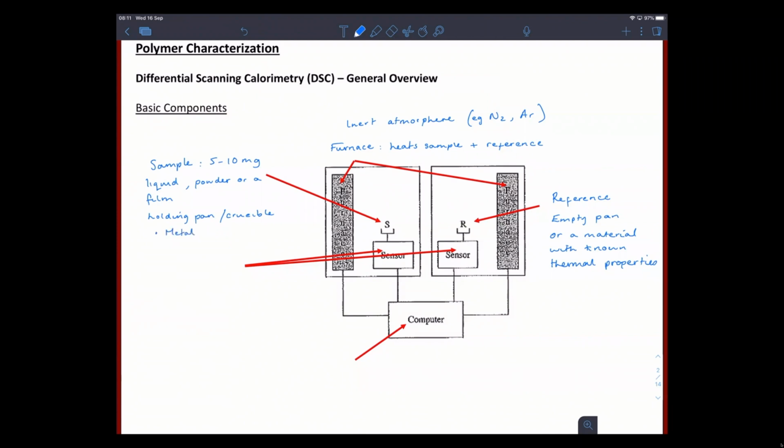And it's metal because it has high thermal conductivity. And it's hermetically sealed.